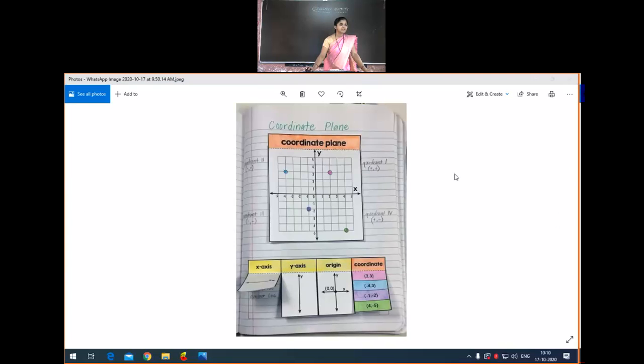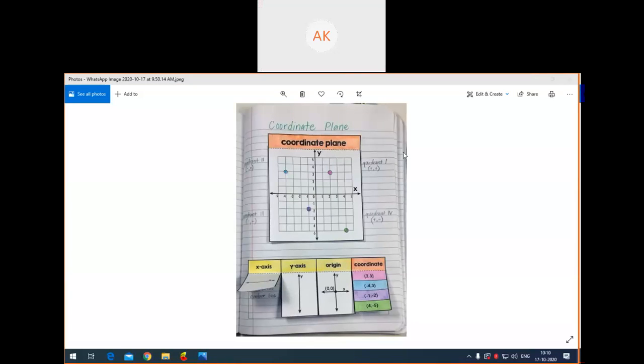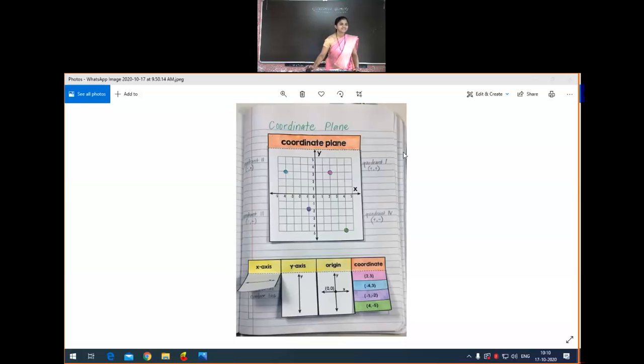Arun. Kavya. Hello, Kavya. Pratham raised hand.